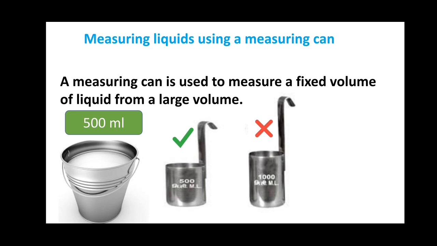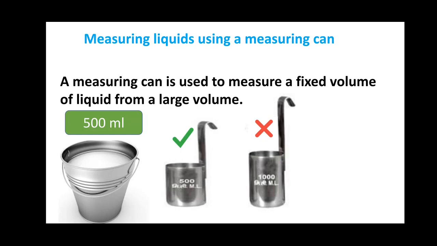Here the capacity of this measuring can is 1000 ml and what we have to measure is 500 ml of milk. We cannot get a direct reading of 500 ml in the 1000 ml can. So we cannot use this 1000 ml measuring can for measuring 500 ml of milk from this bucket.